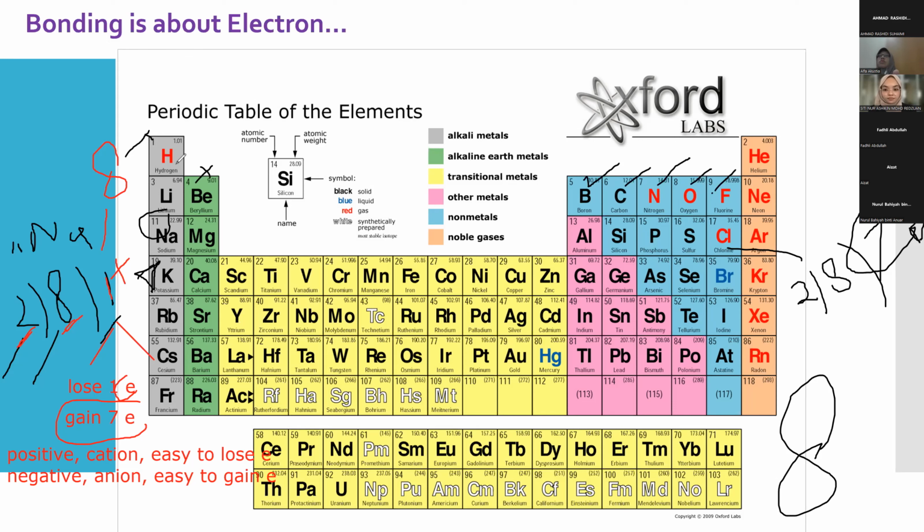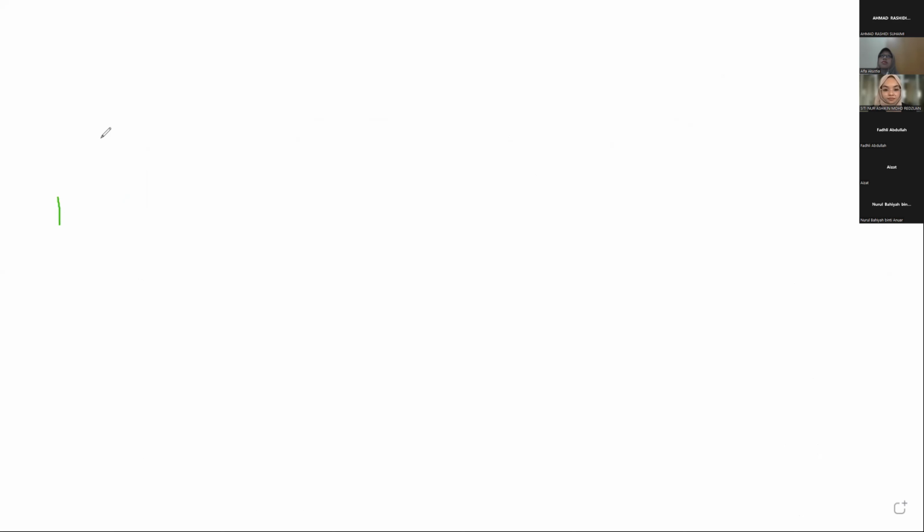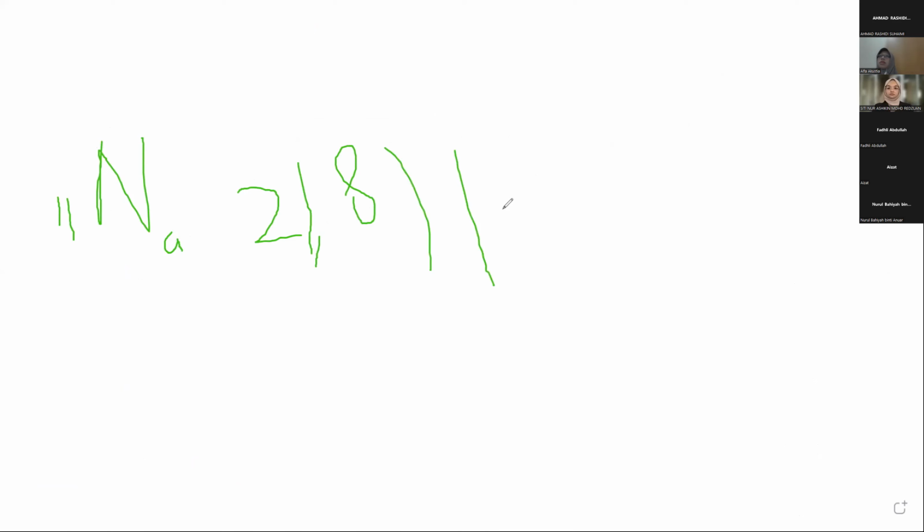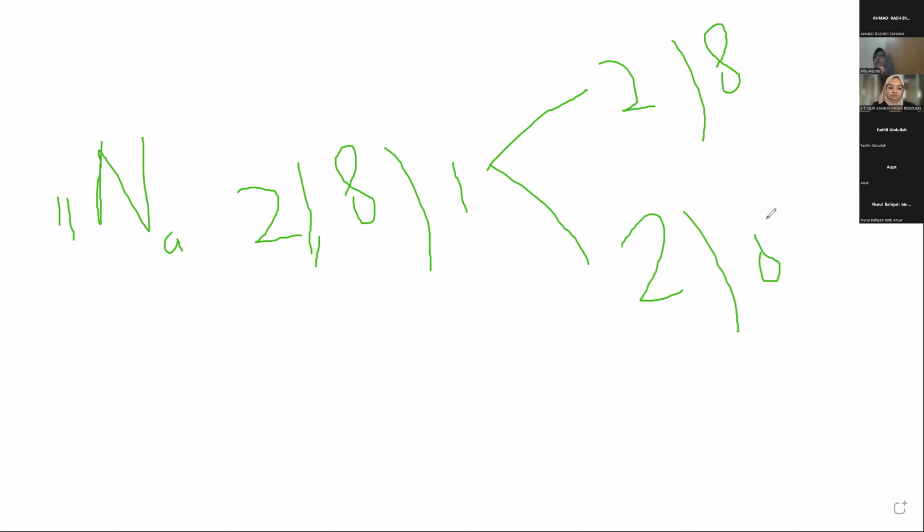Maybe I can use the whiteboard. This is another sodium with 2, 8, 1. To complete the octet, we can have 2 and 8, with 8 electrons in the valence shell, or 2, 8, 8.